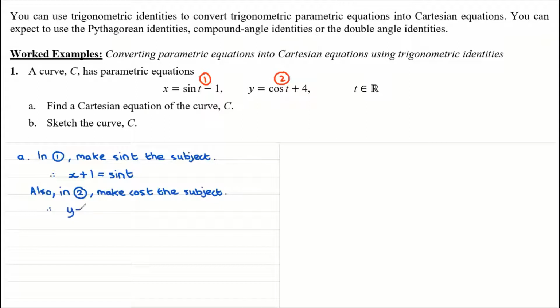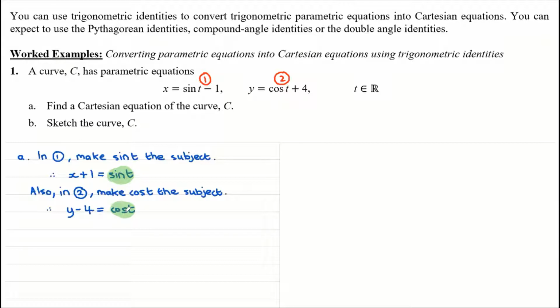So we're going to have y subtract 4 is equal to cos of t. Now that we've done that, we've got sine t and cos t in play. We need to think of an identity that links together both sine t and cos t and nothing else. Okay, so you might be thinking sine t over cos t is tan t. Well, that's no good because that brings tan into it. We just need sine t and cos t.